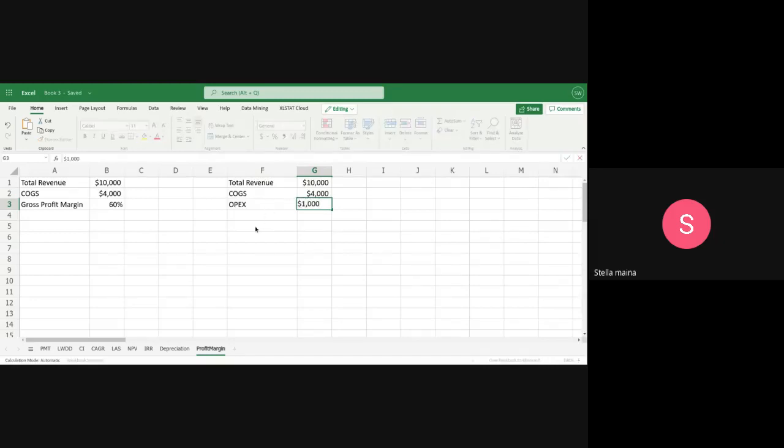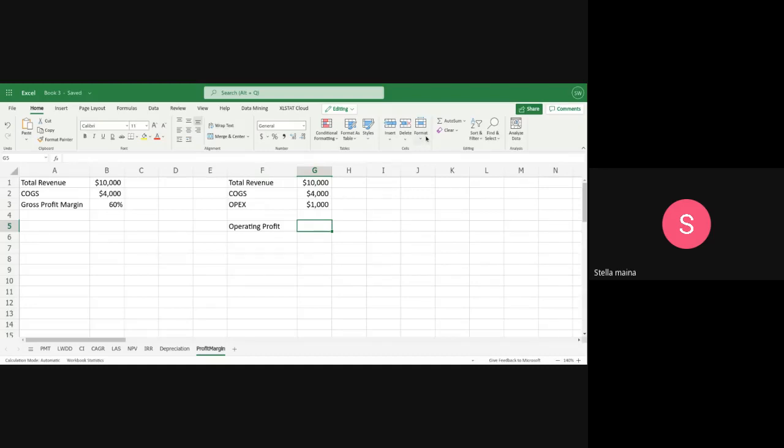To calculate the operating profit, we will have total revenue minus cost of goods sold minus the operating expenses, over the total revenue.